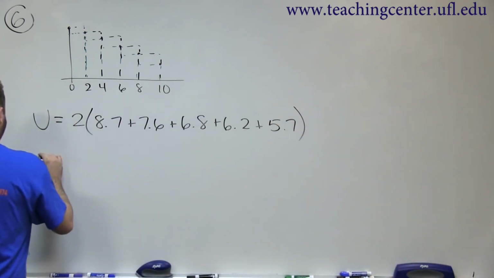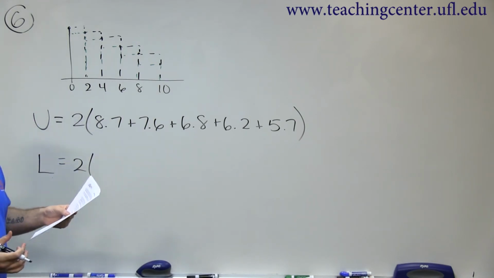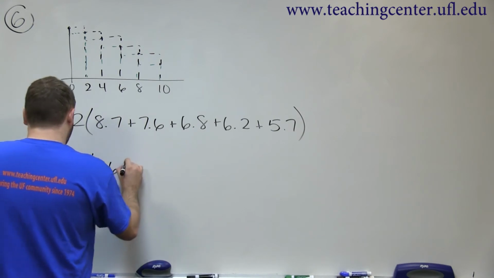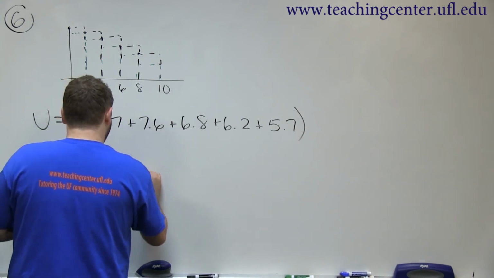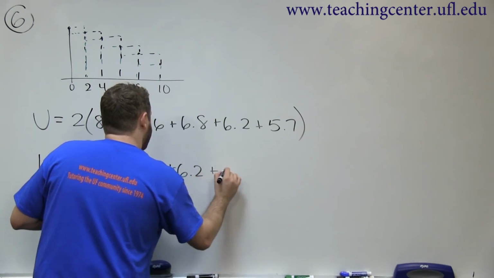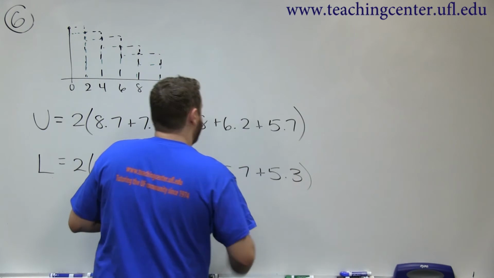The lower estimate, which I'll call L, we're doing the same thing, but we're using the lower number for each. So we're just not including the 8.7. 7.6, 6.8, 6.2, 5.7, and 5.3.